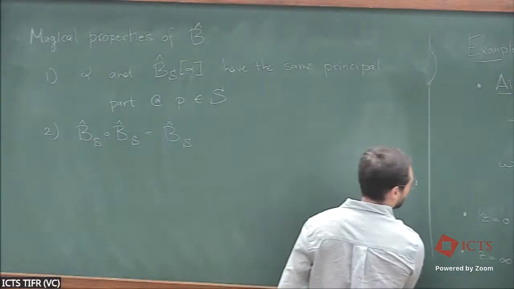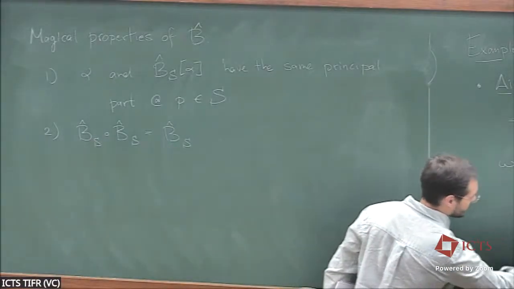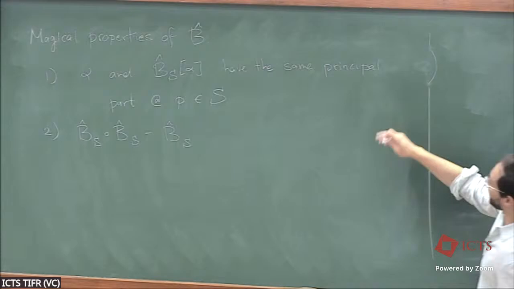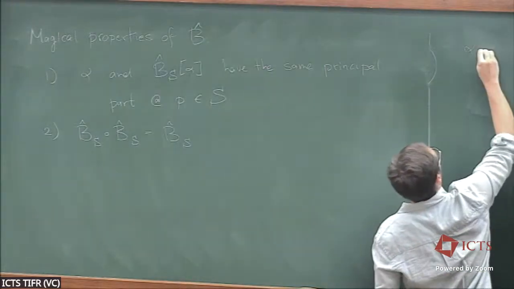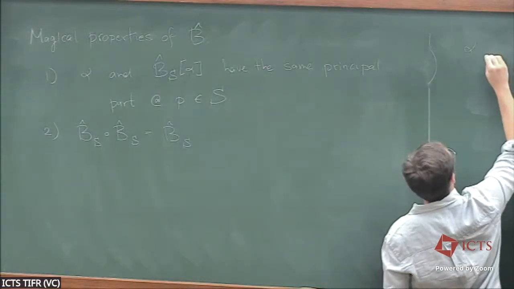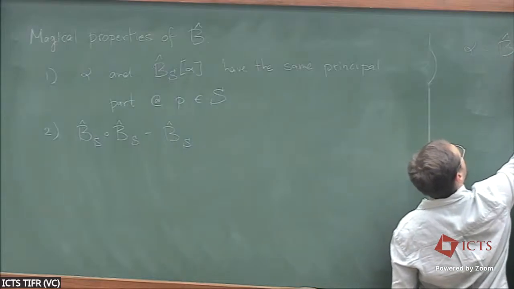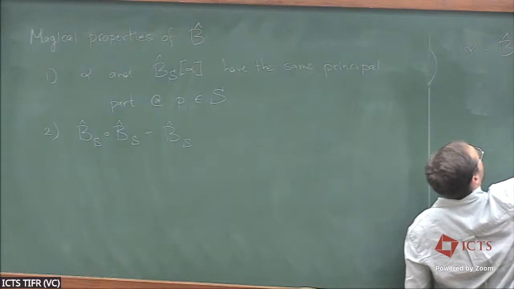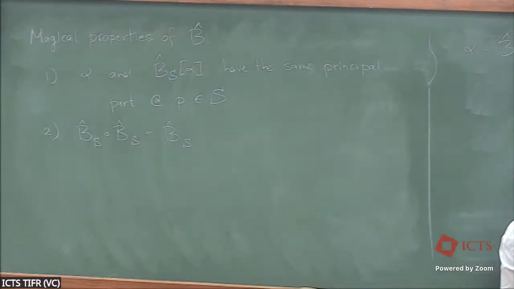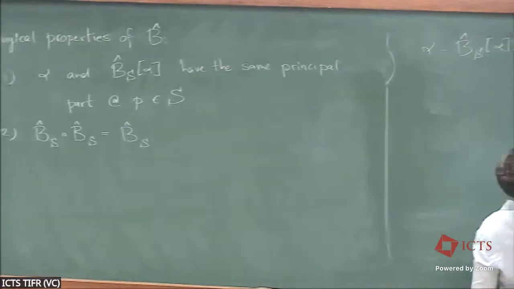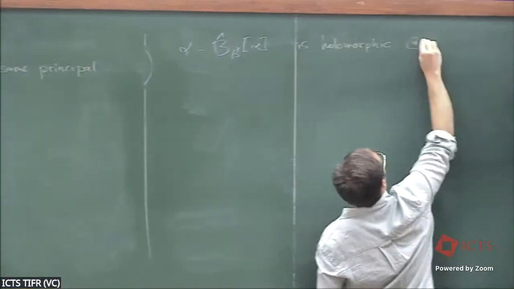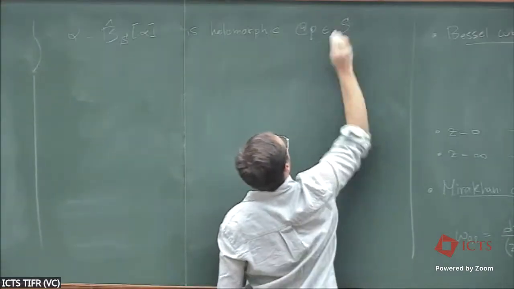I will just give a quick proof because it's very easy. From point 1, alpha and B hat of alpha have the same principal part. So if I take the difference, this is holomorphic at P for every P in S.